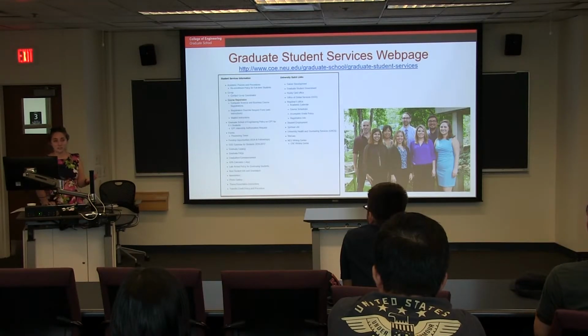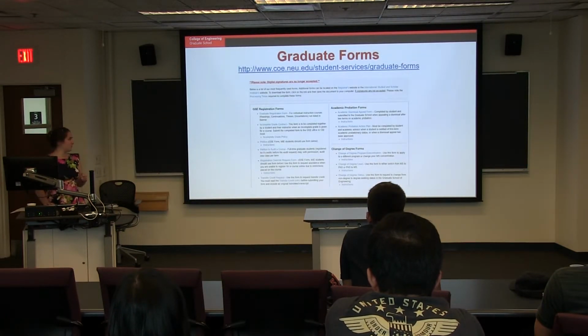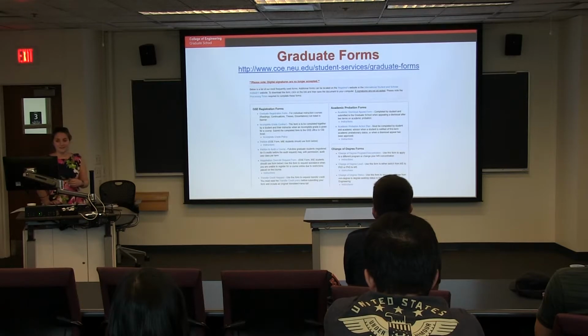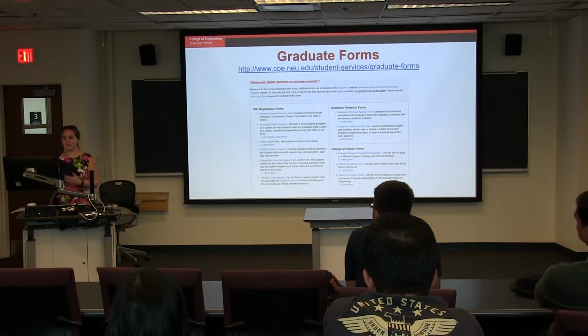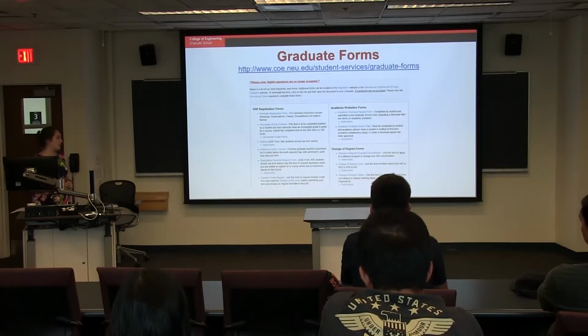The most important thing you'll find here is probably the forms. As I mentioned earlier, the petition form might become your best friend if you're considering electives outside of the pre-approved course list. And again, if you're considering them, make sure you're reaching out to Professor O'Reilly early on before the start of the semester, because you don't want to enroll in a course that won't ultimately count towards your graduation requirements.